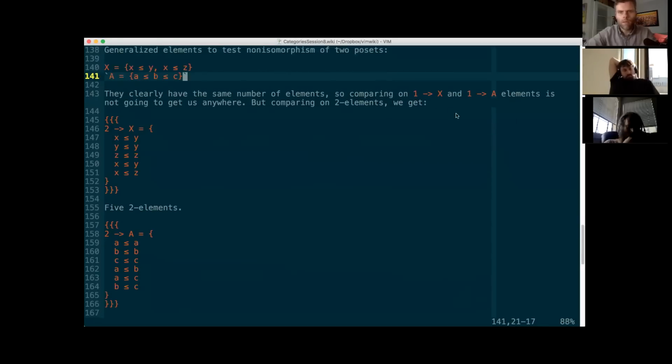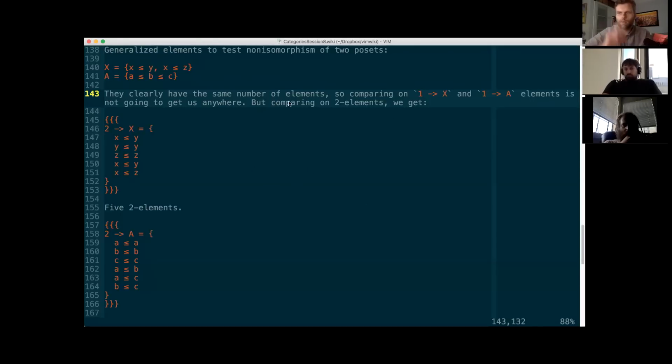So if we compare them on one element, that is on just the elements X, Y, Z, and A, B, C, that's not going to get us to whether these two are equal or different, right? Because it will actually forget the poset relationship.